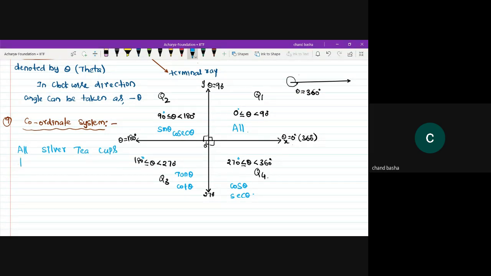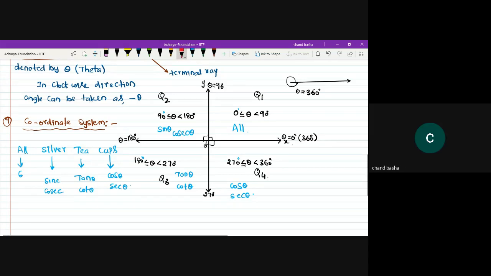All means all 6 trigonometric ratios. This is sine and its reciprocal cosecant. T means tan, starts with T, and then its reciprocal cot. C is cos and its reciprocal secant.